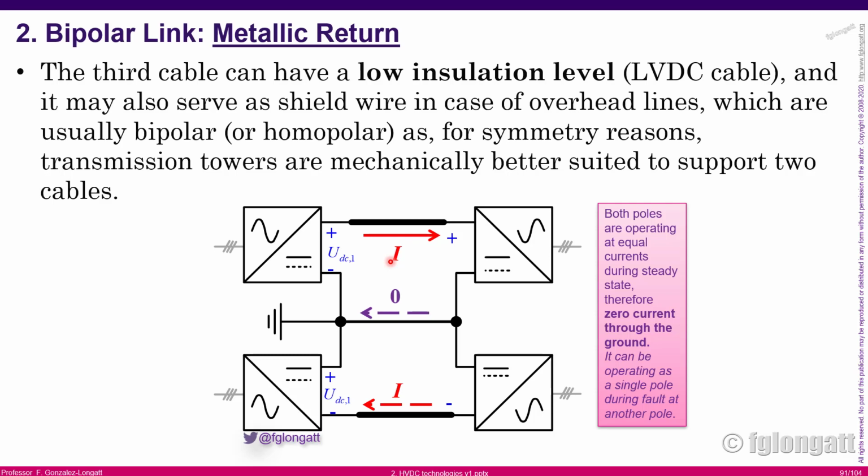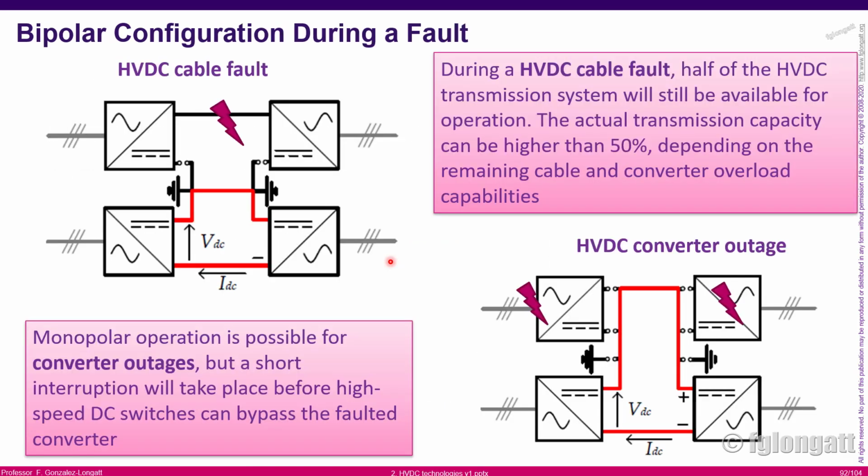For instance, here, as you can see, those lines represent a fault, okay? If we have a fault in this DC cable here, we can open this converter, we can switch off this converter, and the other two converter stations will keep closing the loop using the metallic return and will keep the system working, okay?